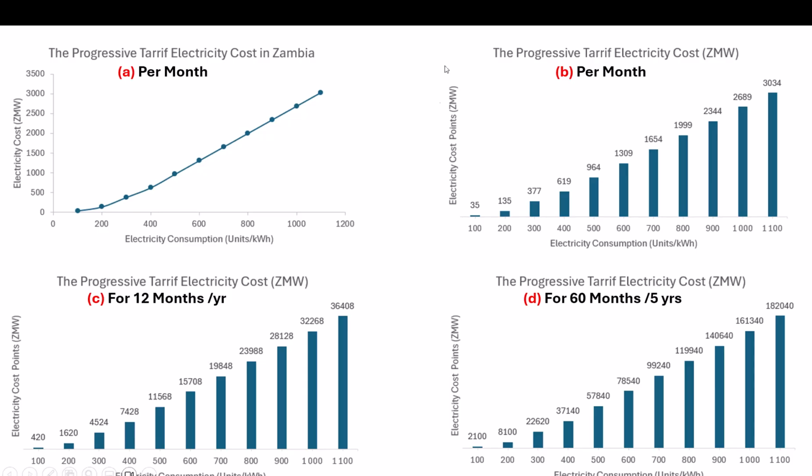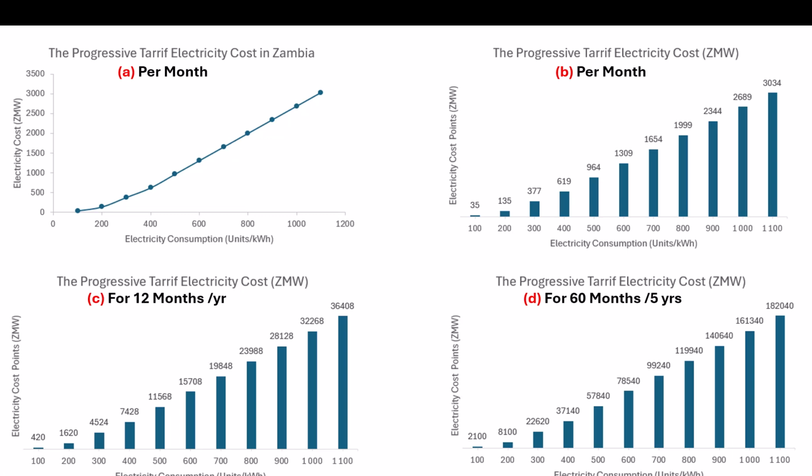And if we look at B, we see the actual values. We jump from 35, 135, 377, 619, 964, 1309, 1654, 1999, 2344, 2689, and 3034 for those households that consume 1,100 units per month.